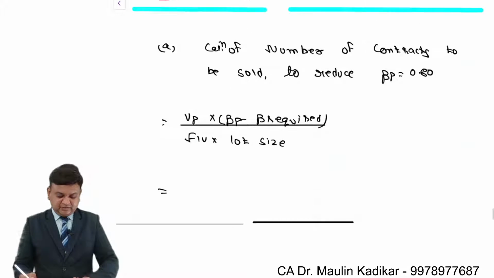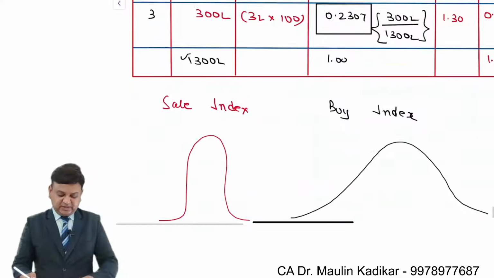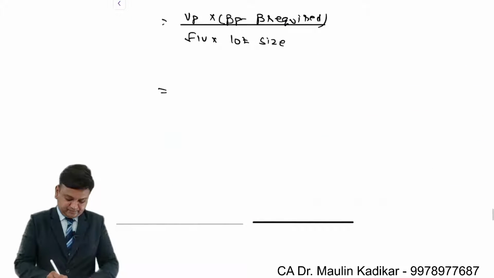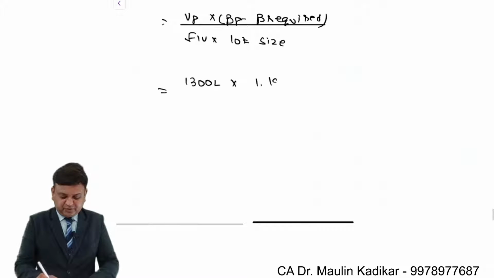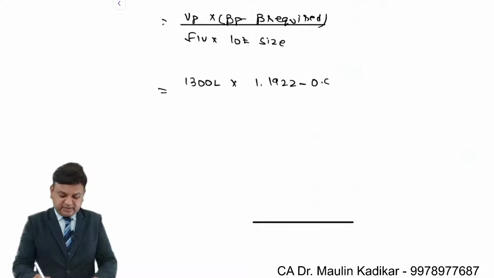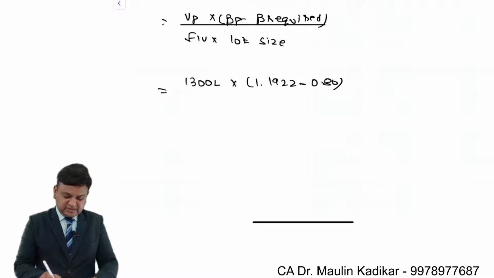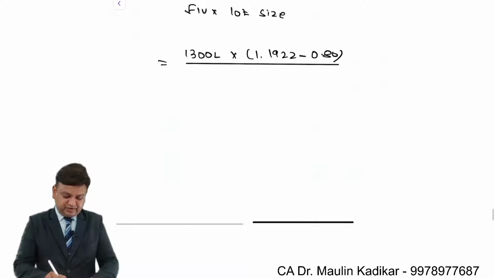Now what is the value of the portfolio, friends? Value of the portfolio is 1300 lakhs. Beta of the portfolio is 1.1922 minus beta required 0.80, divided by futures index value 1405 into lot size 100.